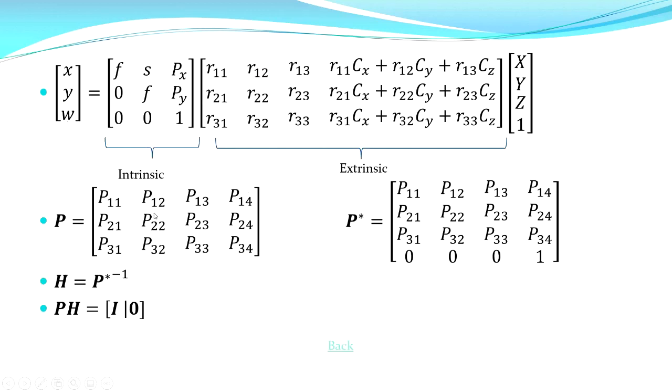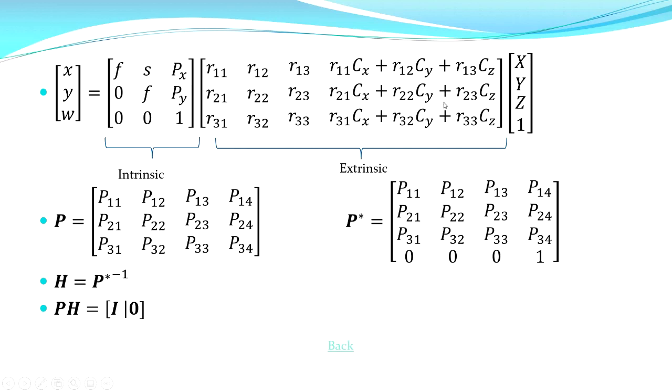Just revisiting this, we have our intrinsic camera matrix over here, we have the extrinsic camera matrix, and this is our 3D world homogeneous coordinates. If you see over here, this part is 0 and this part is identity. So these three things will remain because of the identity: x will remain, y will remain, and z will remain.